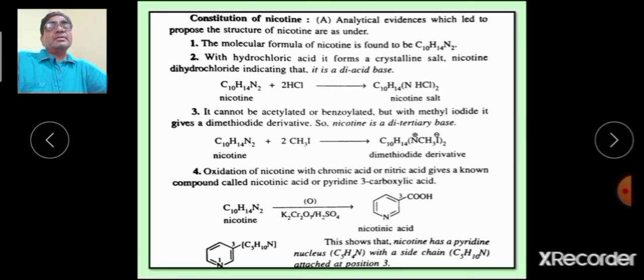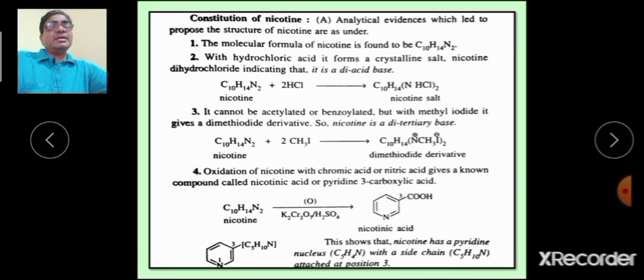It contains nitrogen. It cannot be acylated or benzoylated, but with methyl iodide, it gives a dimethyl derivative, and so it indicates that the nitrogen in nicotine is tertiary in nature, and therefore nicotine is a ditertiary base.